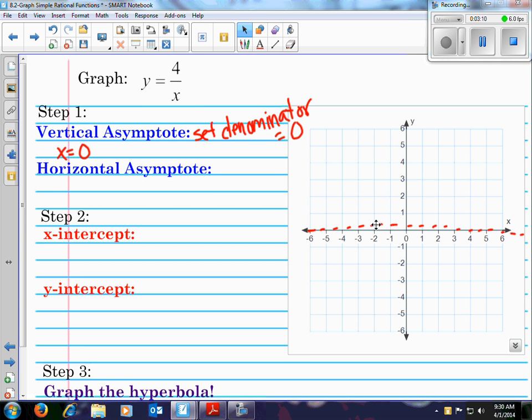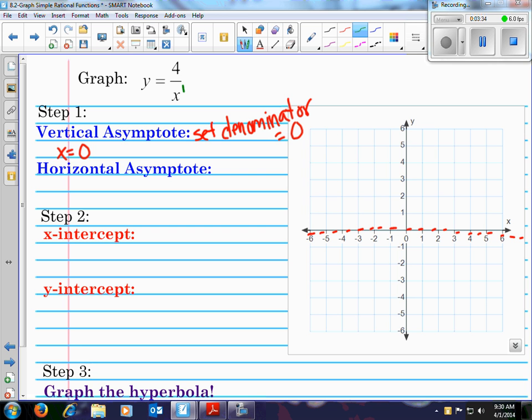Now, the next thing says horizontal asymptote. So how I'm going to solve for that is I'm going to look at the degree of my variables. In this case, I only have one variable at the bottom, which is x. But if I were to have a degree or an x on top and bottom, I would know that I need to take the leading coefficients.